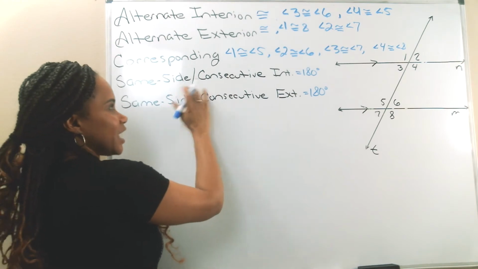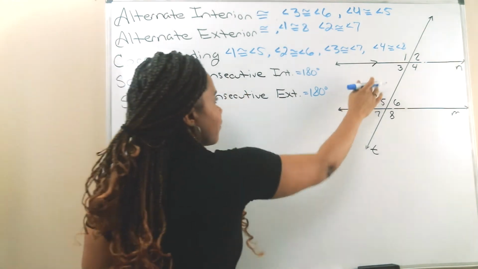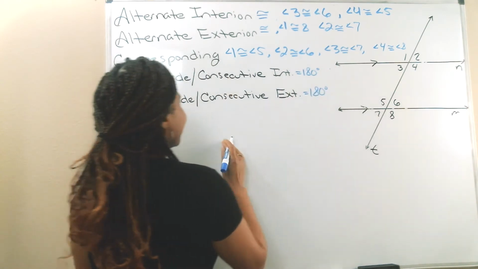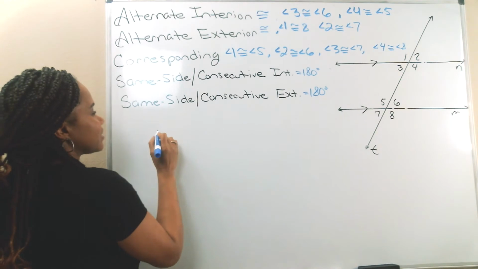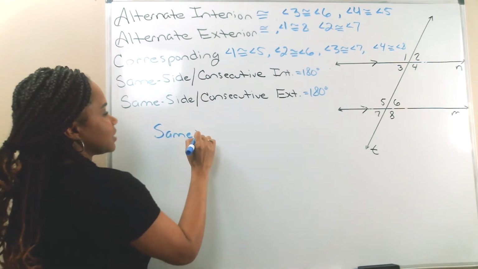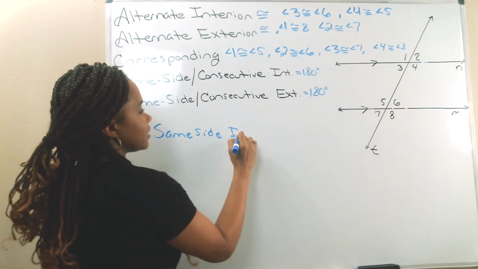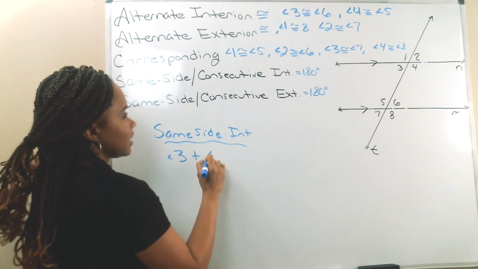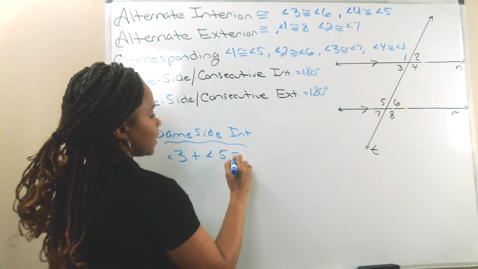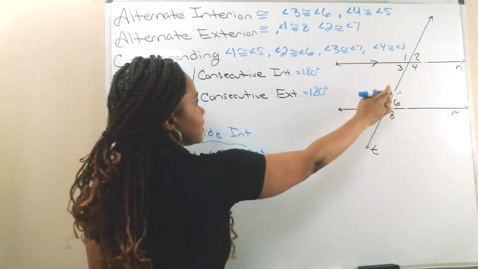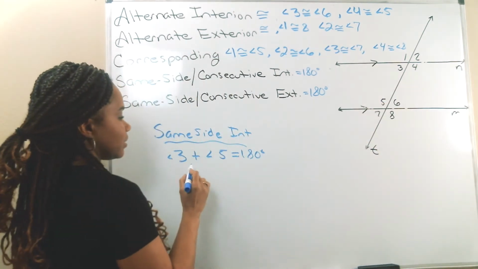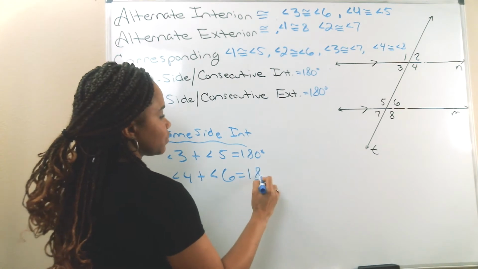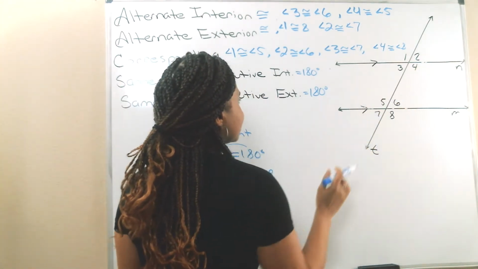Same side interior: angle 3 plus angle 5 is equal to 180 degrees. And angle 4 plus angle 6 is equal to 180 degrees.